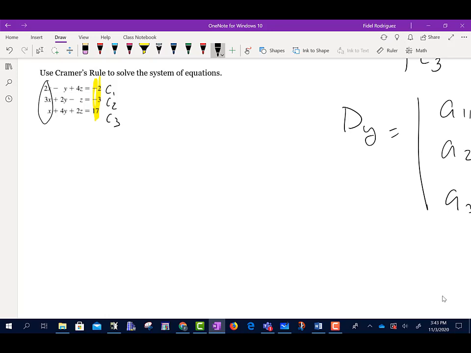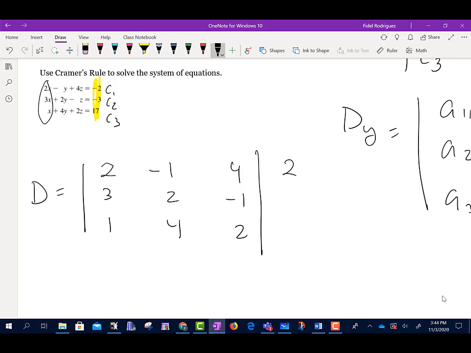And I want to find the matrix D, the determinant of D. So we're going to go 2, 3, 1, -1, 2, 4, 4, -1, 2. And then if you remember, my next part, I'm going to write these numbers here again.